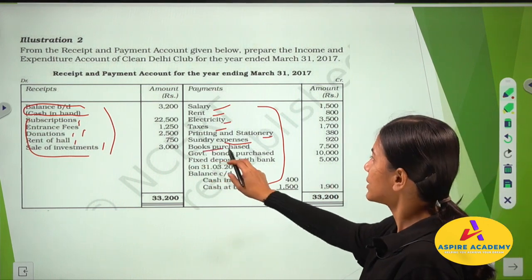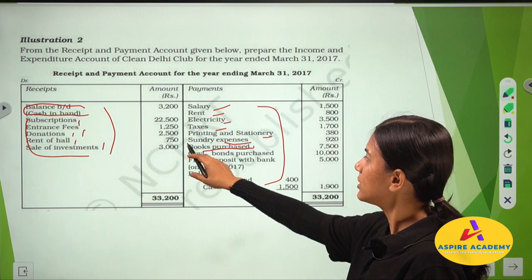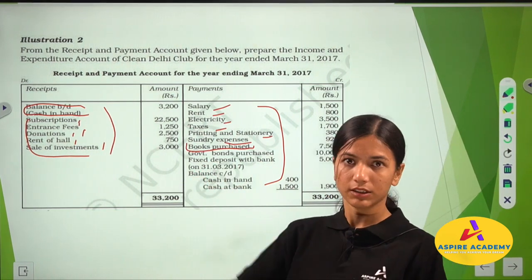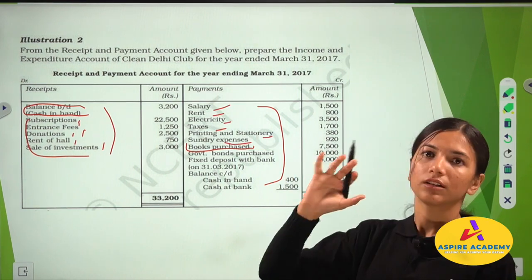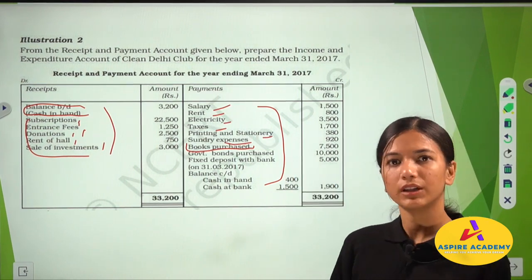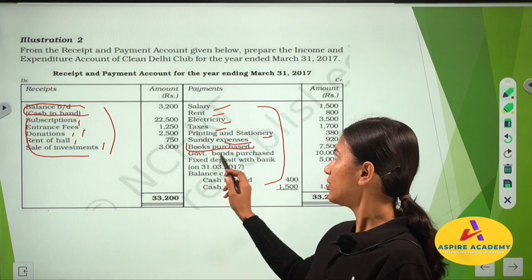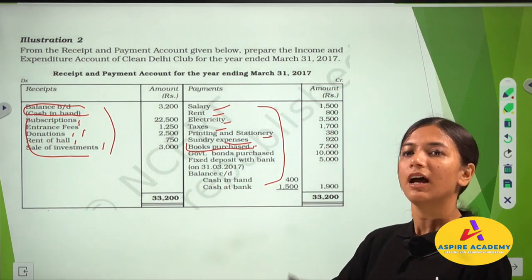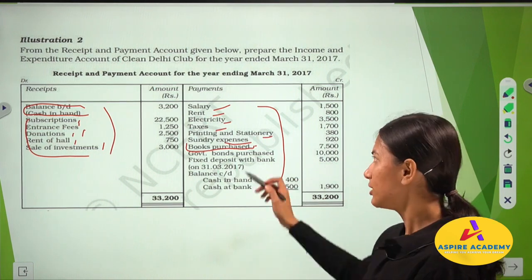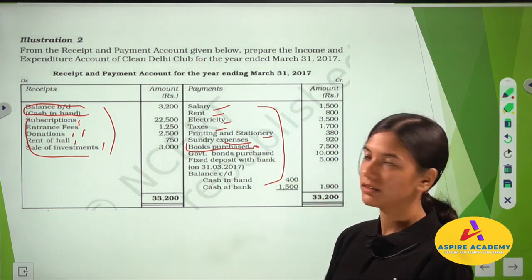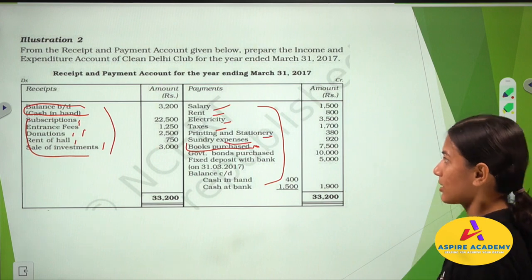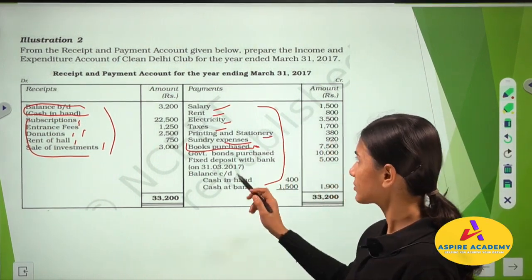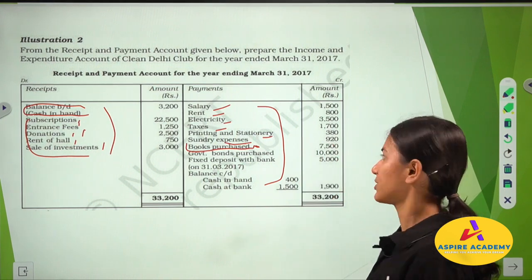Now books purchase is for the long term, so this will be excluded from the income and expenditure account. Because books are going to be used by the club members in the upcoming years, this will be treated as a fixed asset, so it will not be shown on the expenditure side.